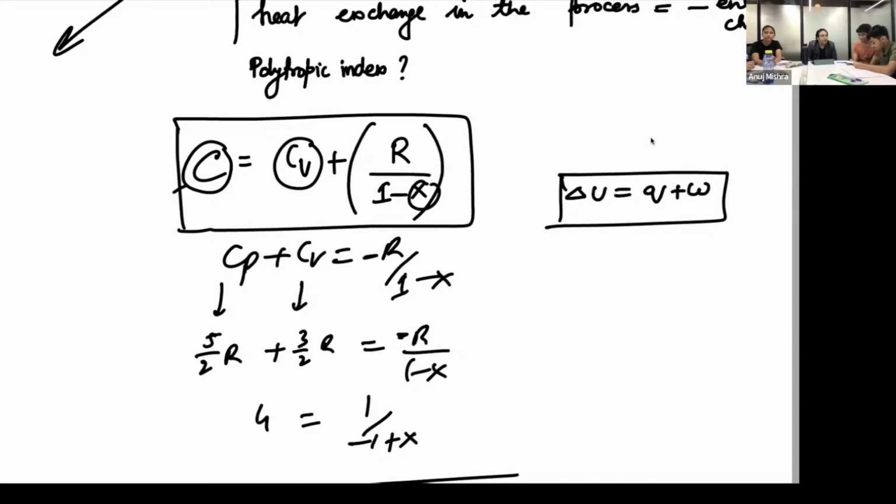So you would have taken x minus 1, even I did that. No, the formula is applied correctly. 3 by 2 R, 5 by 2 R. Okay, very good. Look here, minus on both things. So this is plus. Never mind.